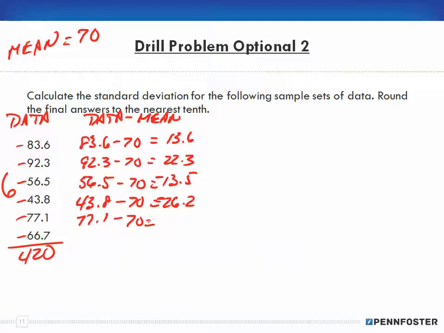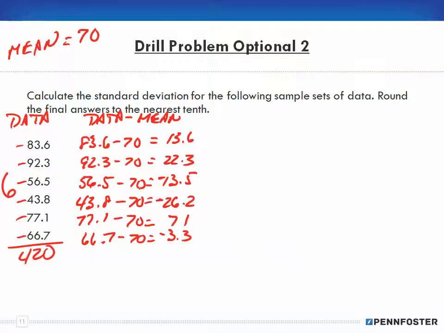Then 77.1 minus 70 is 7.1, and then 66.7 minus 70 is minus 3.3. Okay, let me clean that up just a little bit. So this is equal to a minus and equal to a minus.